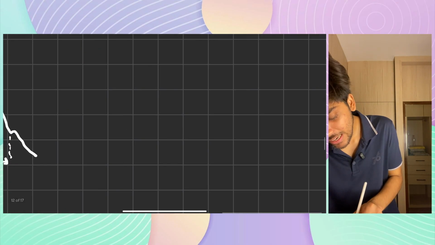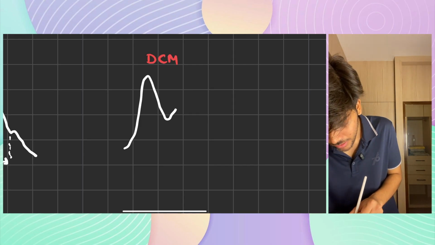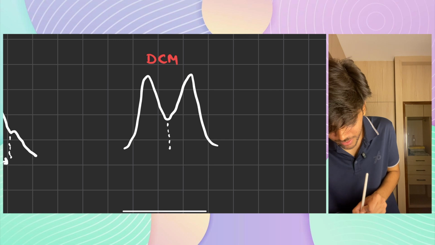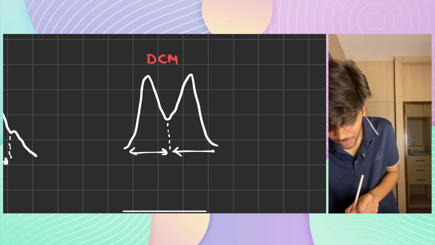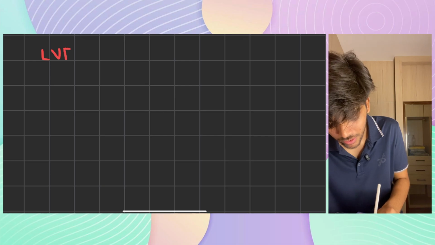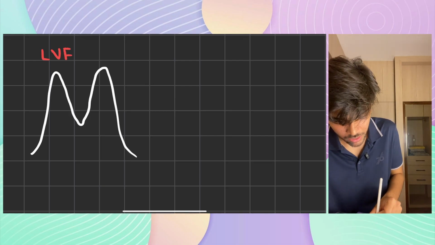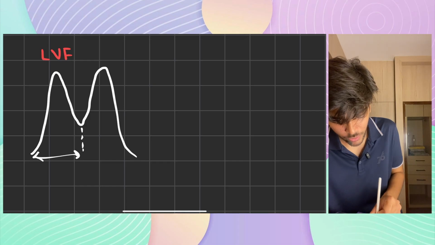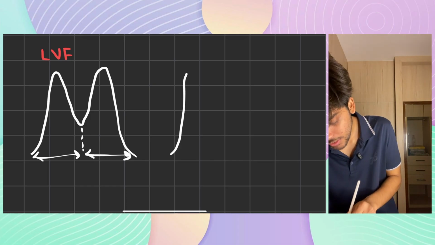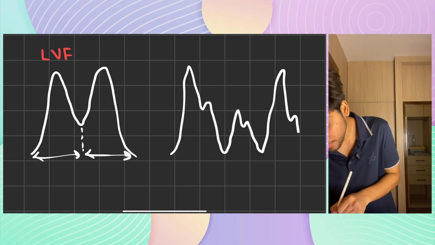Then, dilated cardiomyopathy. It had pulsus dicroticus, that is one peak in systole and the other peak in diastole. Then left ventricular failure with pulsus dicroticus, one peak in systole, other peak in diastole, as well as pulsus alternans with alternating high volume, low volume pulse.